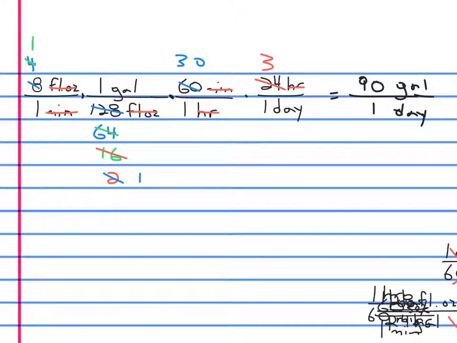So essentially what we've discovered here is that my faucet is leaking 90 gallons of water per day. And now that I see it in those terms, I realize, wow, that is a lot of water. That is a lot of water that we're losing out of our Tinaco.